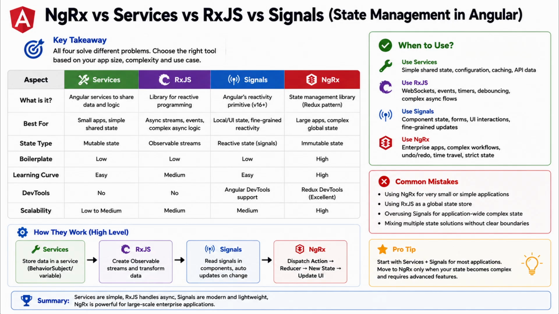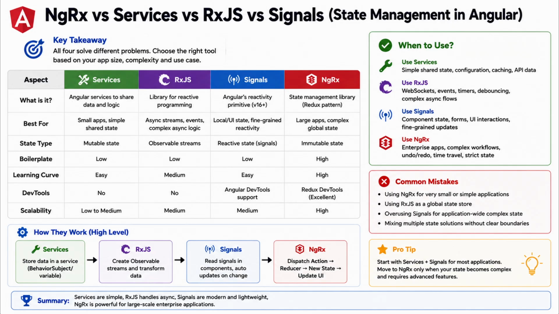Yeah. So NgRx manages state globally. NgRx is basically used in large scale applications where you have many components and services. In this case, you can use NgRx. Using services or behavior subject, your code will get messy and it will be hard to maintain.